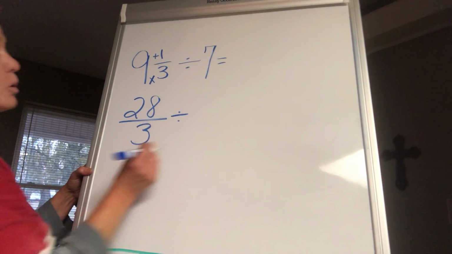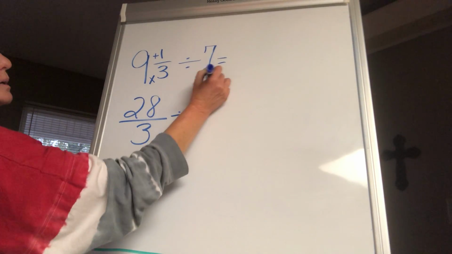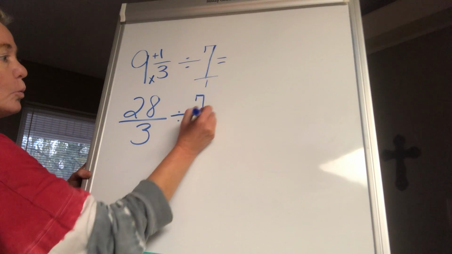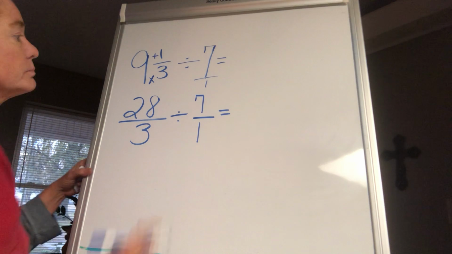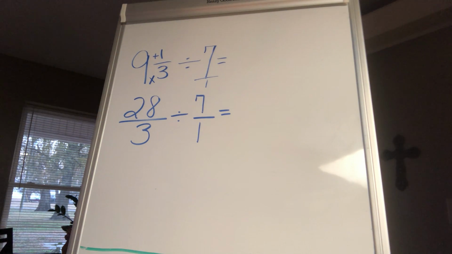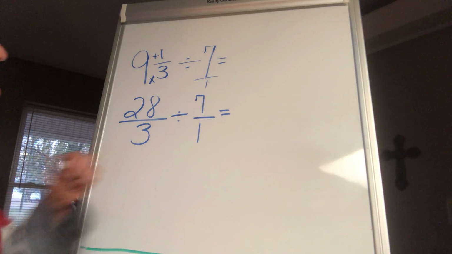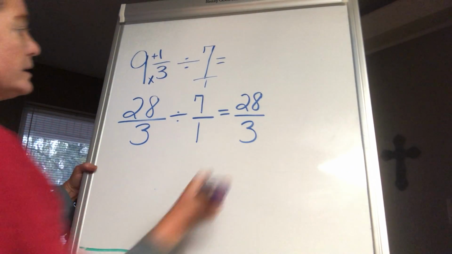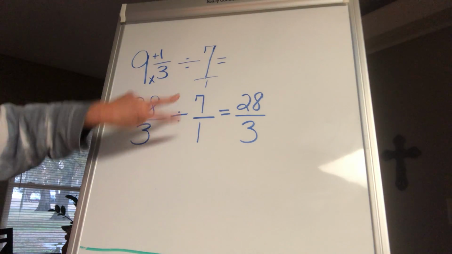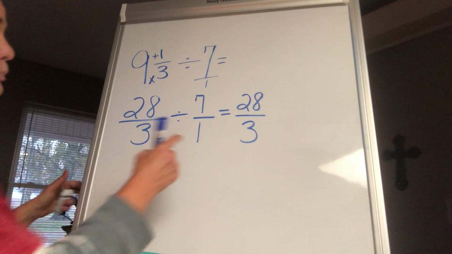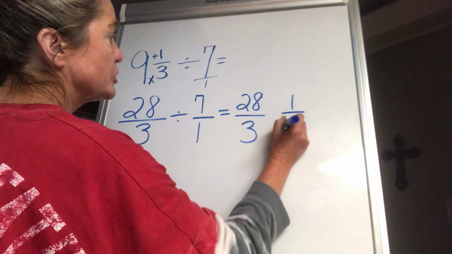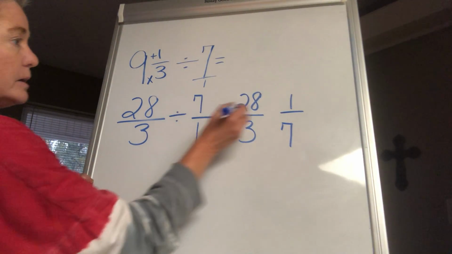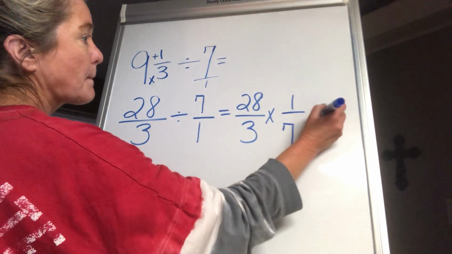And we also know that when we have a whole number, it's just like putting it over 1. All right, now we're set up in a standard fraction division problem. We slide the first fraction on over, so 28 over 3. We flip or get the reciprocal of the second fraction, and then we multiply.